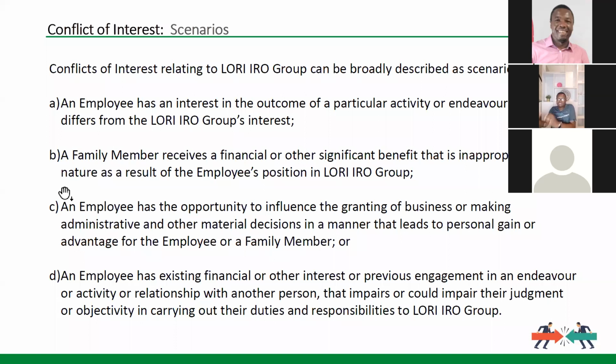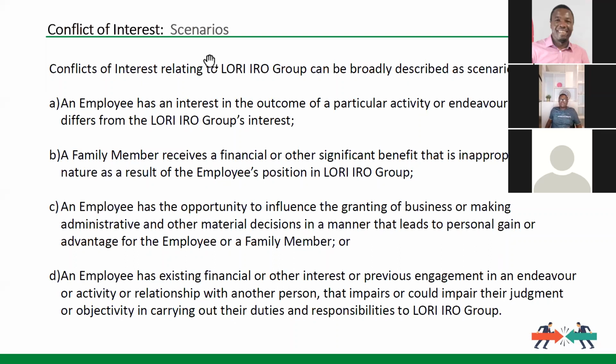Another situation is where your family member receives a financial or other significant benefit that is inappropriate in nature as a result of your position. For example, you are a procurement manager for a company, and a company is interested in doing business with you, and you say, look, my daughter has been applying for a role in your organization, and they quickly give your daughter a job, and then you award them the contract. That's another scenario where it can happen.